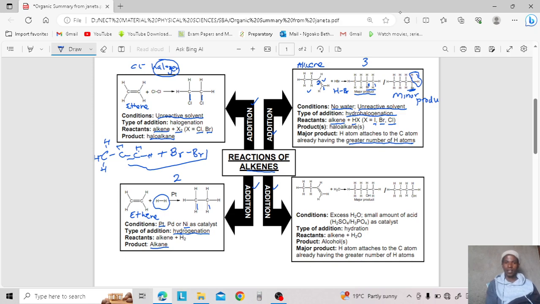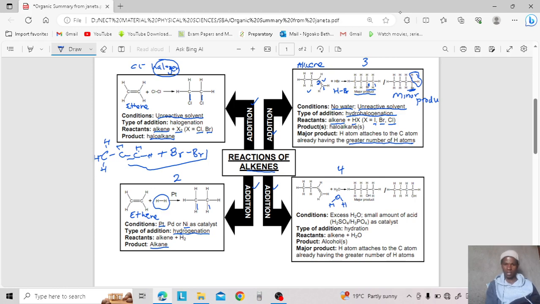Right, the last one for the addition reaction. We're still having our alkene here, and now we add water, H2O. So now we must write our structure nicely: O bonded to hydrogen and hydrogen, that is H2O in structure.